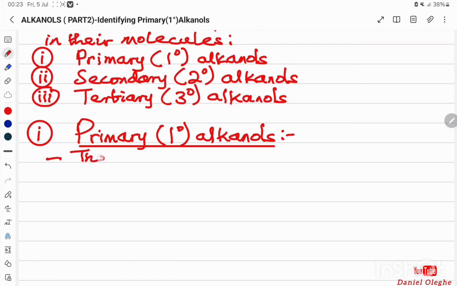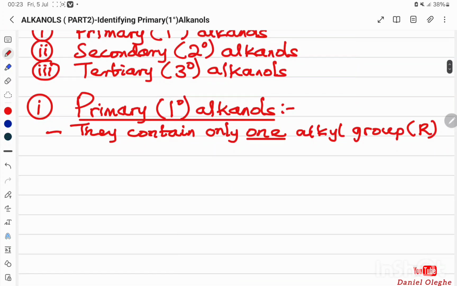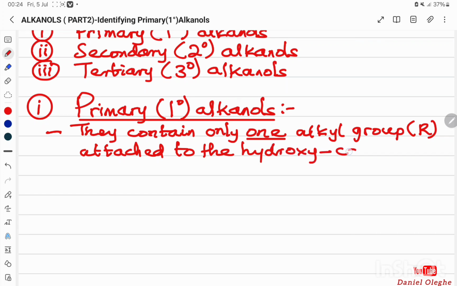These are alkanols that contain only one alkyl group attached to the hydroxy-carbon, that is the carbon atom that is bearing the hydroxy group, in their molecules.